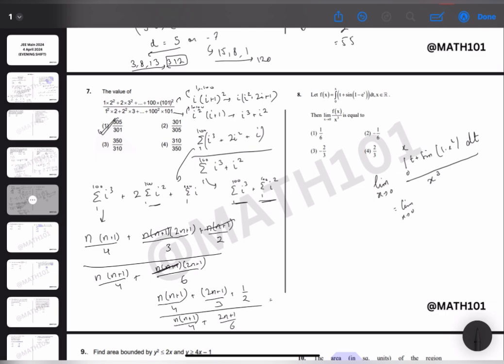So derivative of the numerator would be d by dx of the integral 0 to x of t plus sine, and d by dx of x cube is 3x squared. So by Newton-Leibniz theorem, this simply becomes x plus sine of 1 minus e to the power x, limit x tends to 0, over 3x square.